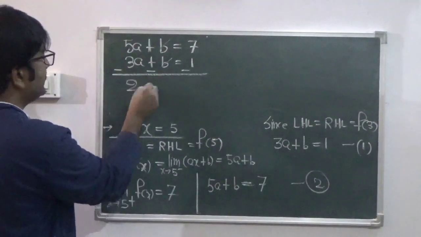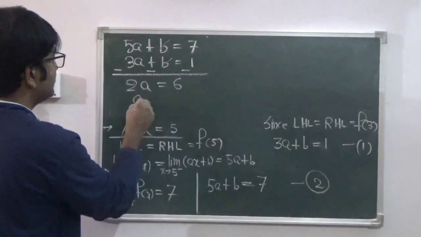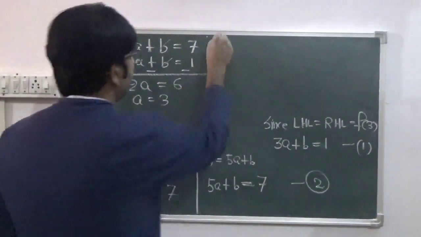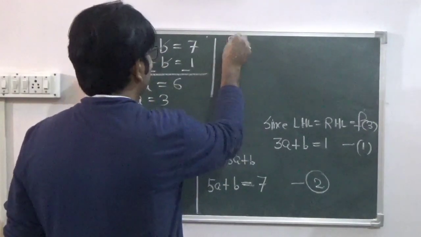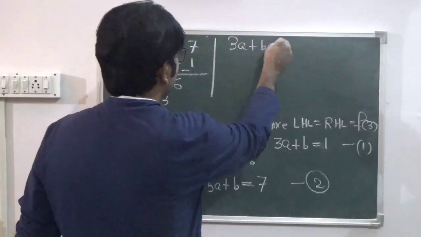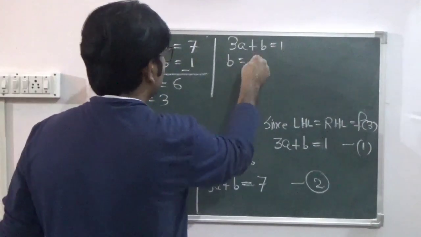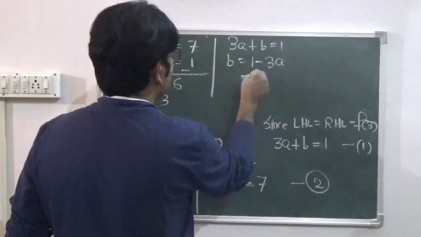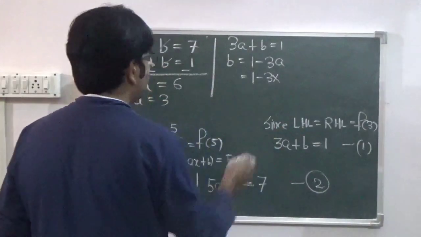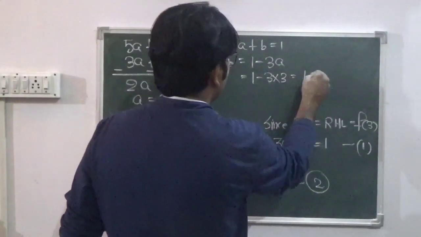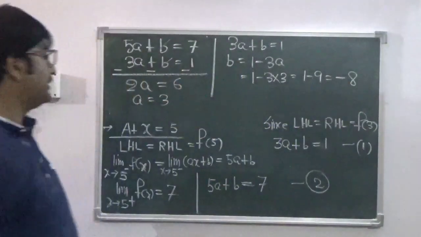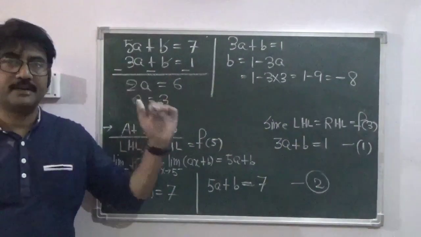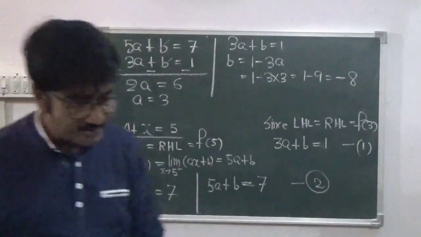We get 2a equals 6, so a is 3. From 3a plus b equals 1, b equals 1 minus 3a, that is 1 minus 3 into 3, which is 1 minus 9, that equals minus 8. So we have a equals 3 and b equals minus 8. Let us check the answer here.